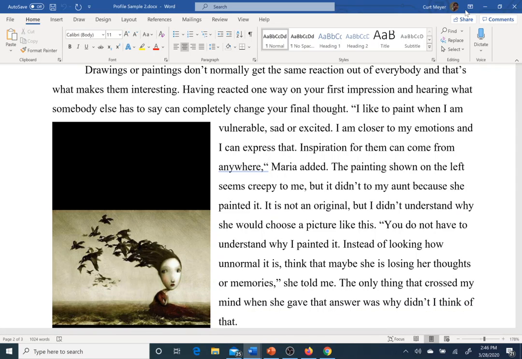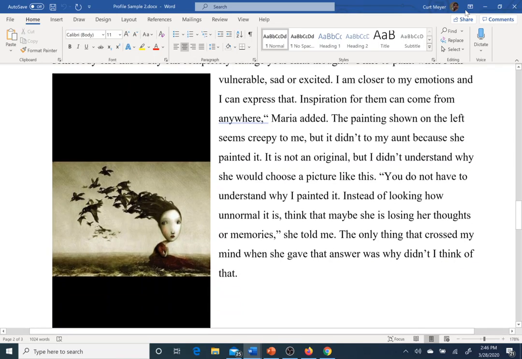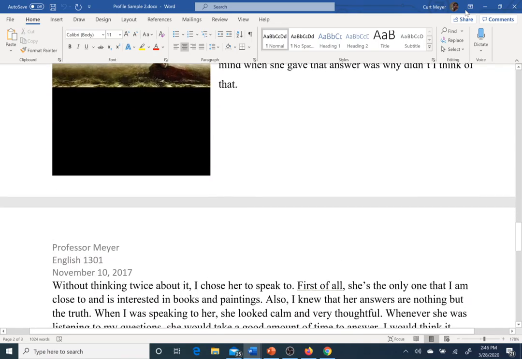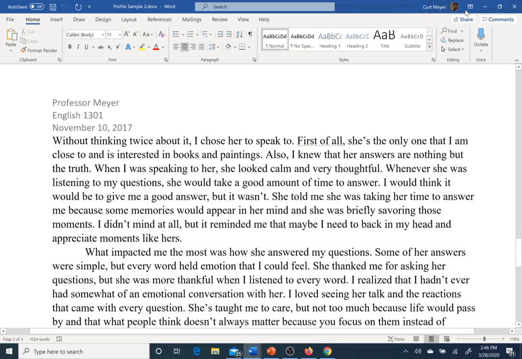And then, of course, we have this picture of her aunt's painting, and then the discussion of why and how that's representative of her aunt's artwork, right? So, again, really nice profile.